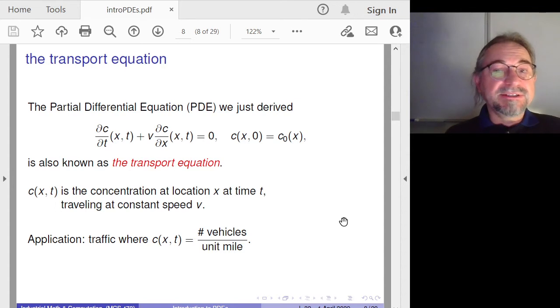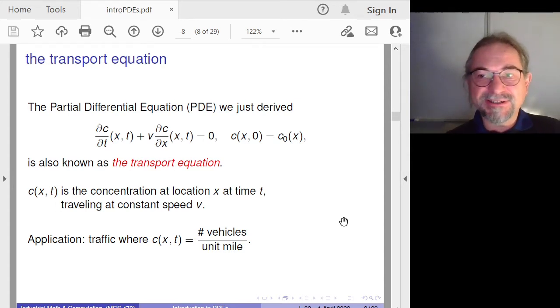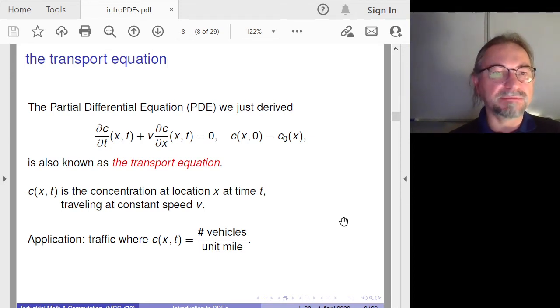Now you see actually that the constant speed, if you drive a car, then actually you know that the constant speed is also not really a realistic model.